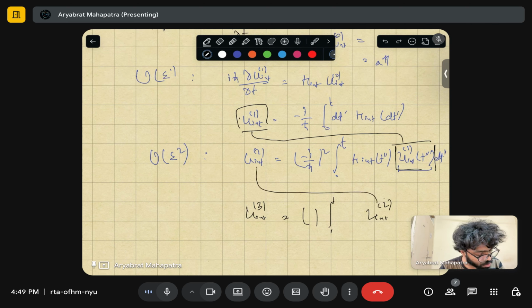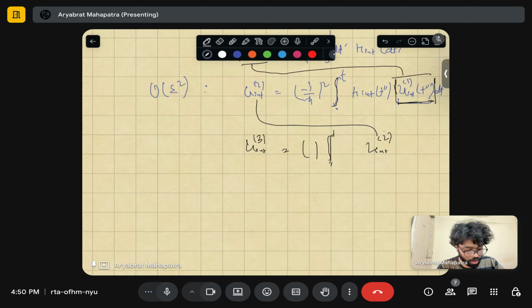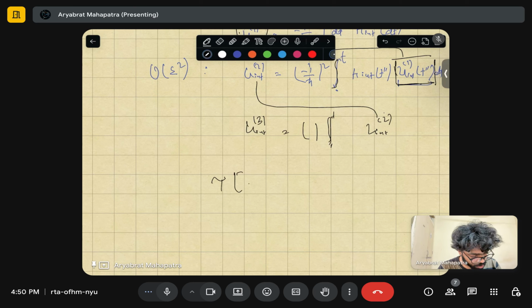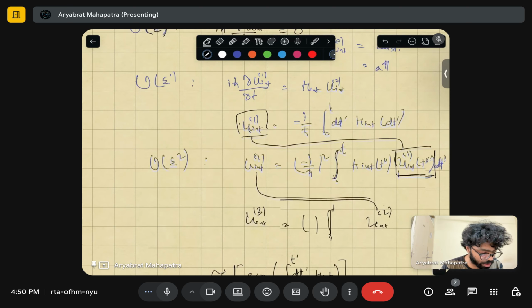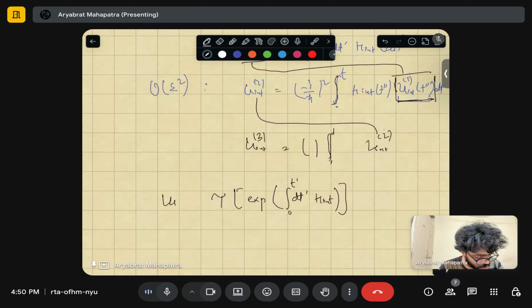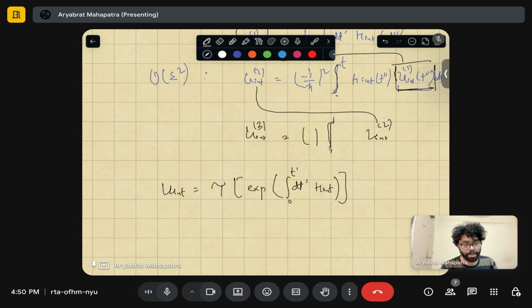So there are so many time integrals. If you take all of this in proper sequence of time, the solution is given as some time-ordered exponential, integral 0 to t prime dt prime, etc. That is how your evolution operator behaves in a time-dependent system.